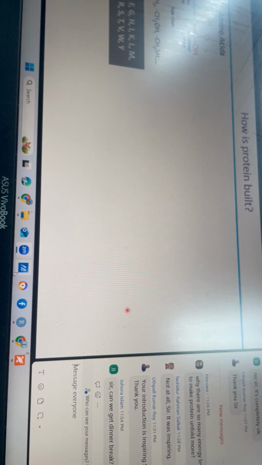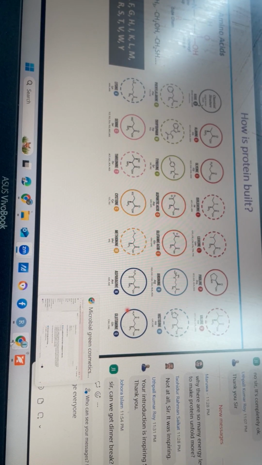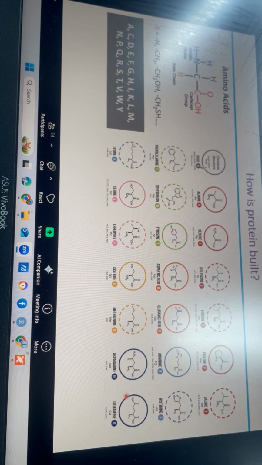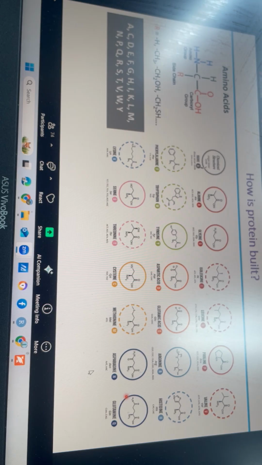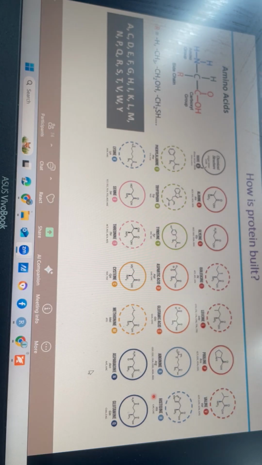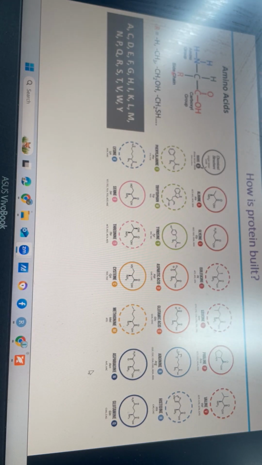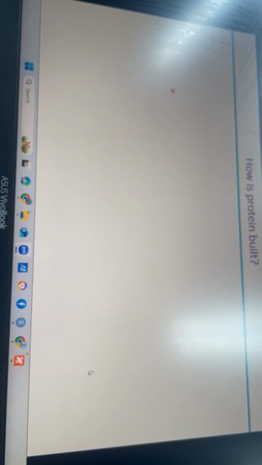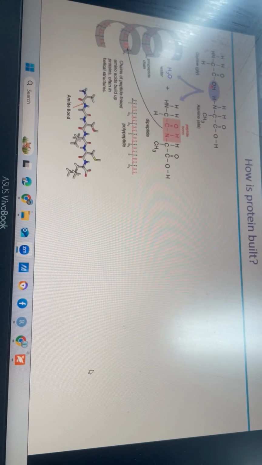So this is a new alphabet, 20 letters you need to know. So these are all the alphabets of amino acids, but the only difference is you have different types of side chain. All amino acids contain a carboxylic acid group and an amino group, but the only difference is they have different side chains or alkyl groups. Okay, so this is how protein is built.